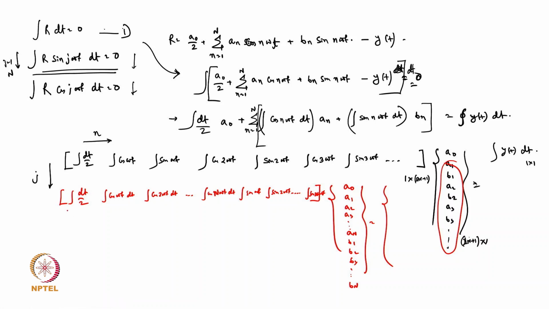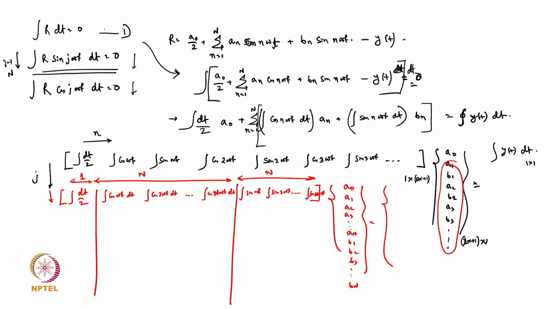Sine we did. So this portion you just take out. So what happened? You will have that is 1, this is n, this is n. Here also this is 1, this will be n, this will be n.